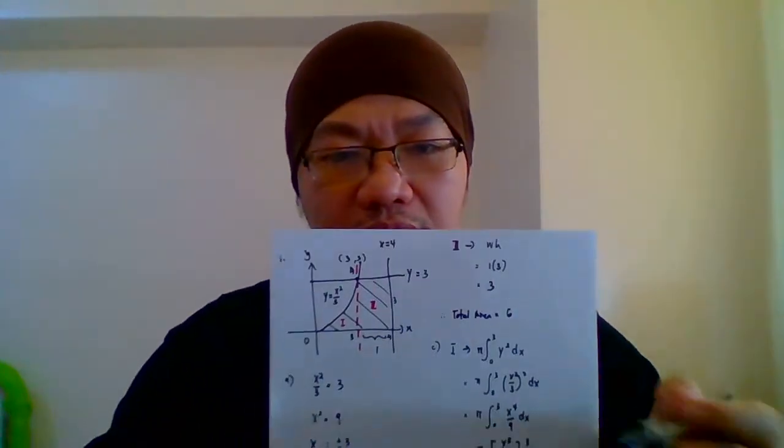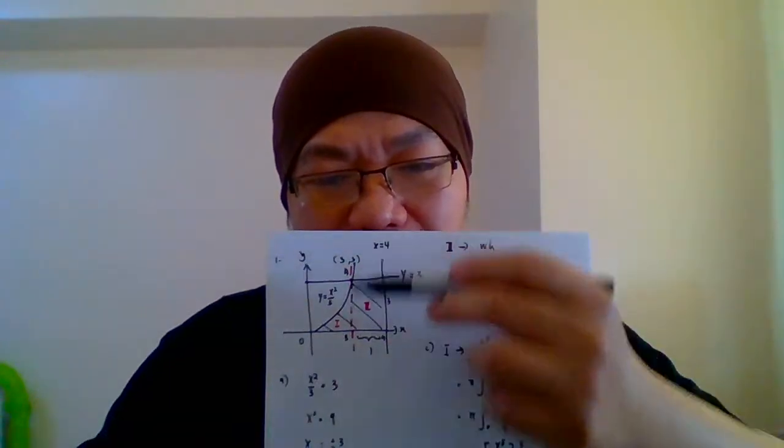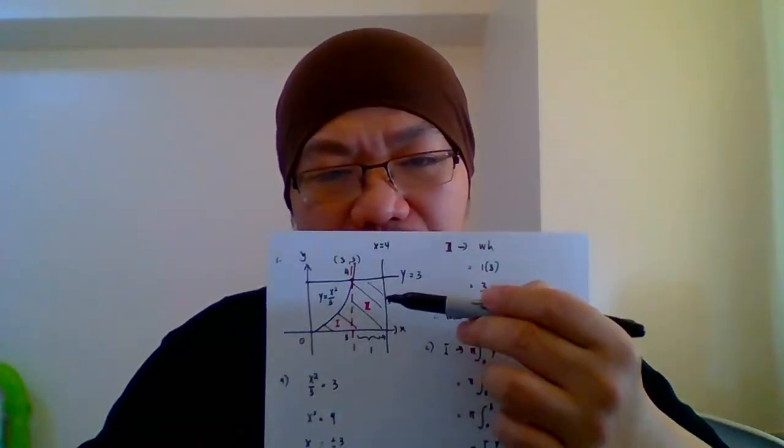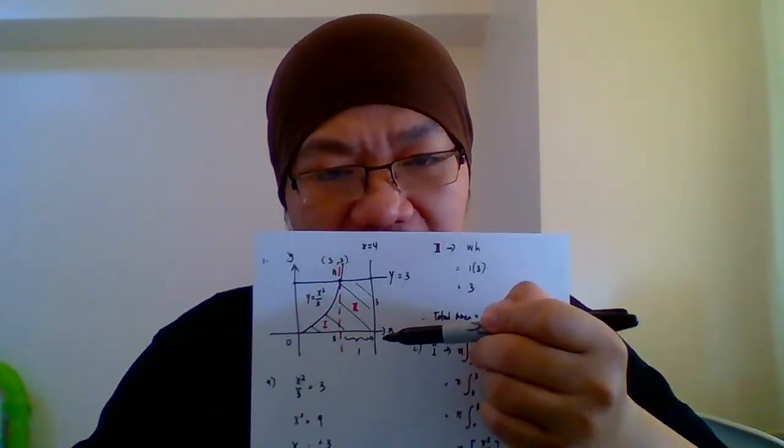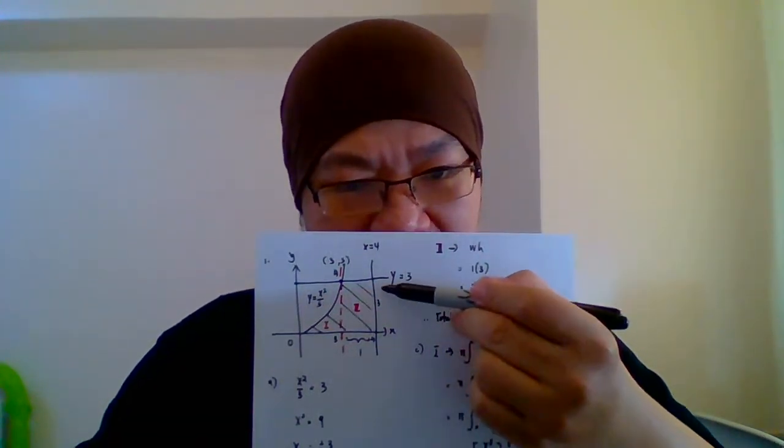Okay, now, since these are rotating like this, right? Okay, so your radius will be 3. This is your radius.